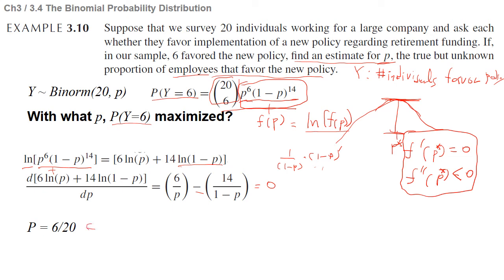Check this by yourself, and also check the second derivative: take the derivative of this with respect to p one more time, put in this value 6 over 20, and you will check that it is less than 0. So p equals 6 over 20 would be our estimate for this p.